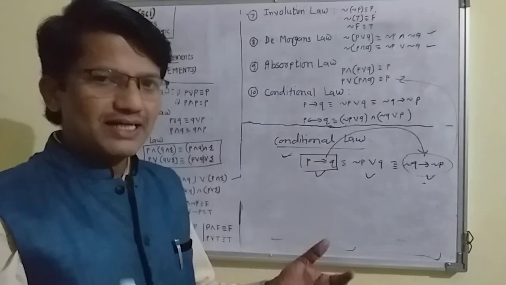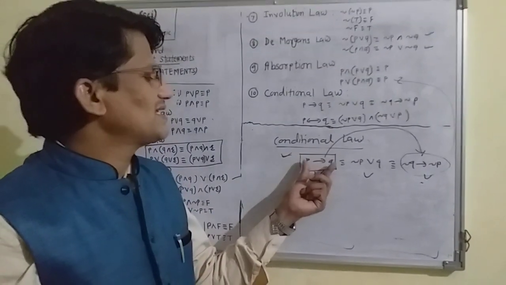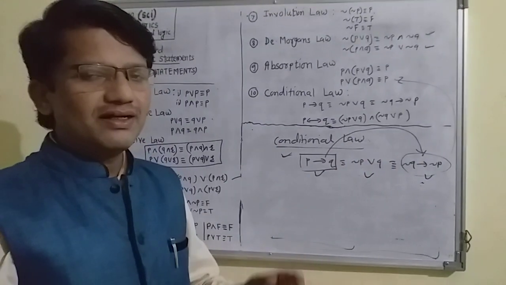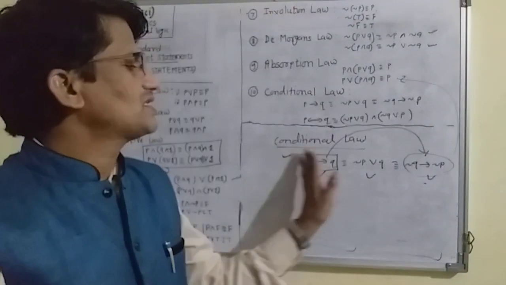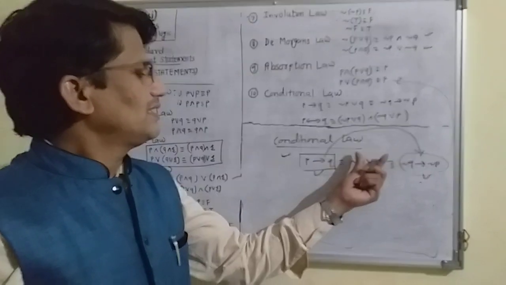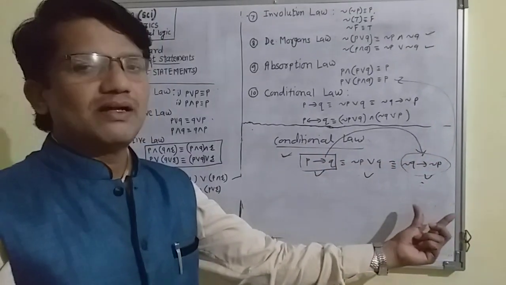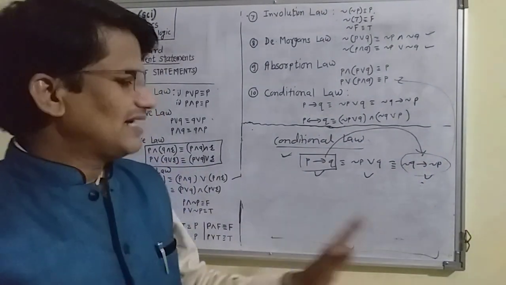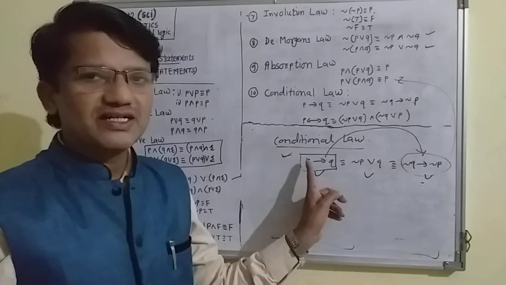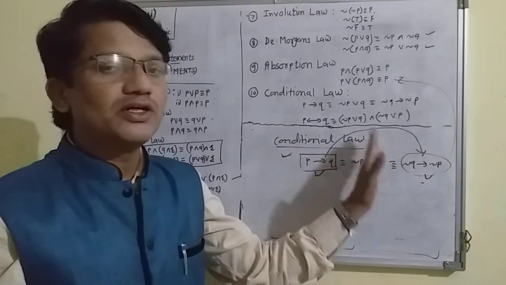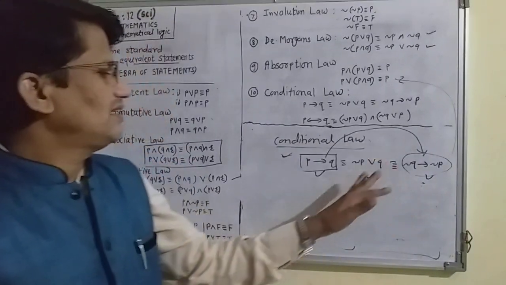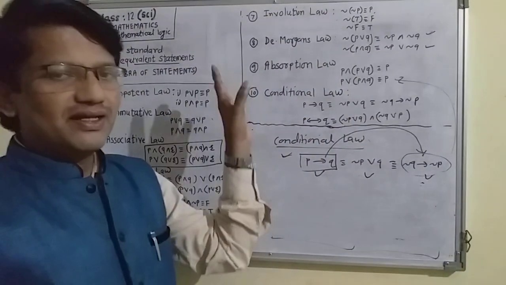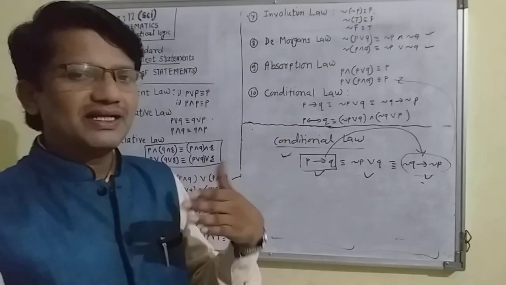Students, you can verify P implies Q, the result of this and the result of this, by actually drawing the truth table of the whole statement pattern. These two columns give the same output, and from that output we can say a conditional statement can be represented in two different ways.